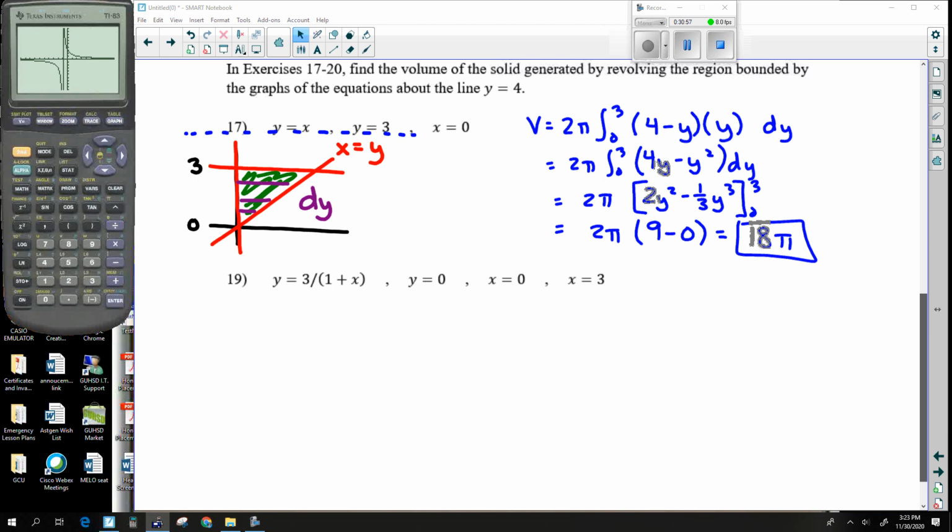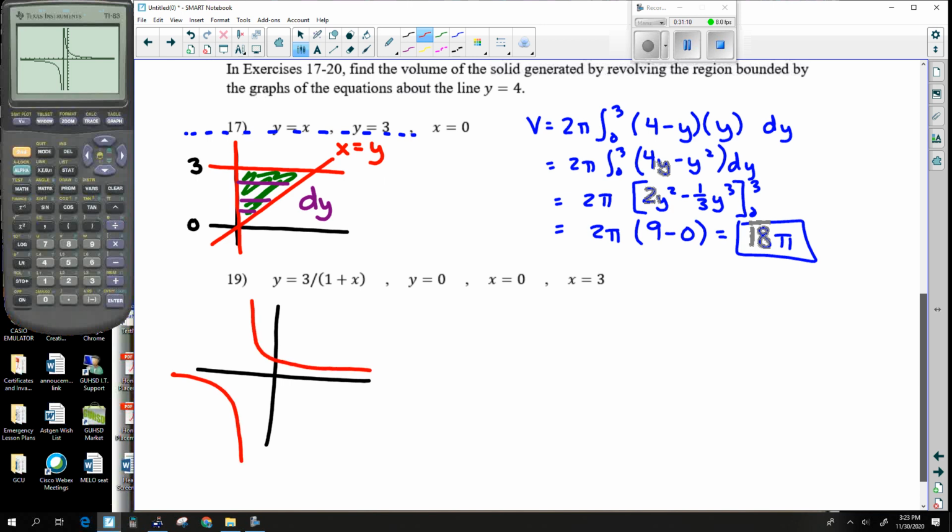Yeah, okay. So we have a picture, and at -1 is this vertical asymptote, something like that. So y is equal to 0 is a boundary, x is equal to 0 is a boundary, and x is equal to 3 is a boundary, right here.